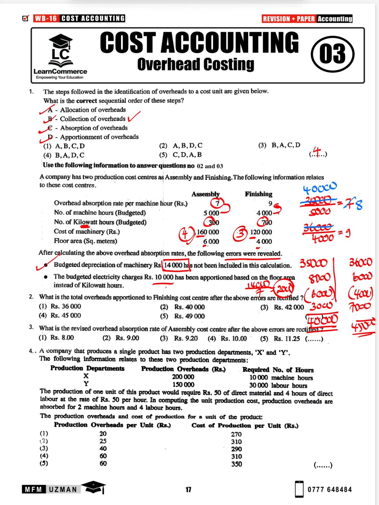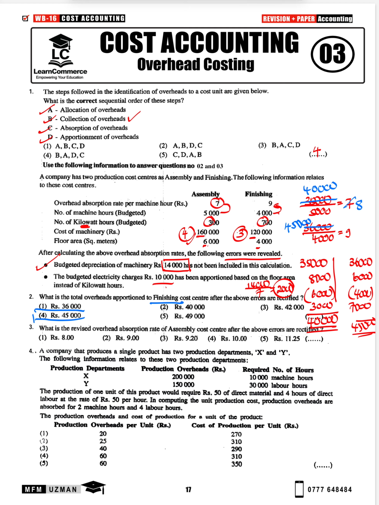For the other, it is 45,000. But they are not asking that question. They are asking for the total overhead absorption of the finishing cost center, which is 45,000. The fourth one is the answer.